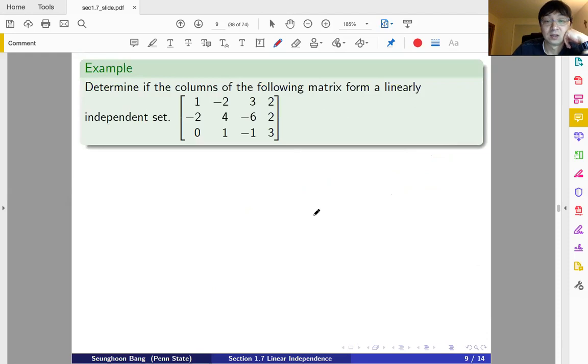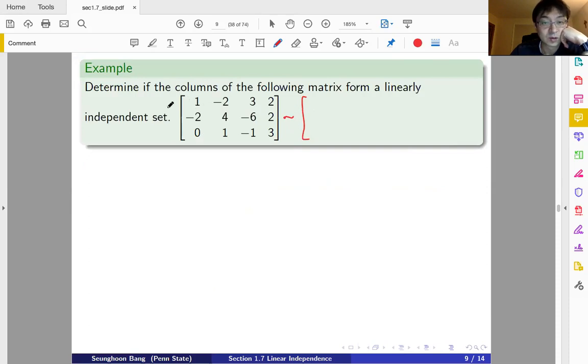If no free variable, linearly independent. If we have a free variable, linearly dependent. So you can change this one to echelon form.